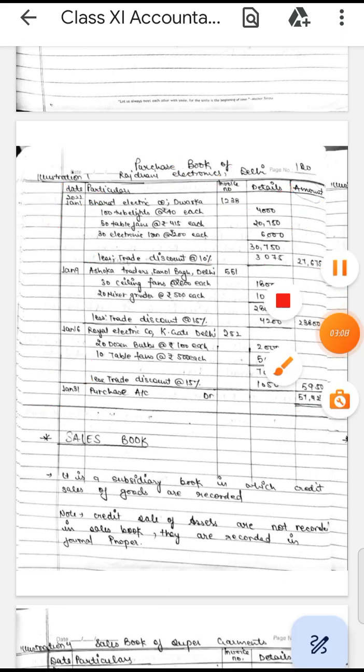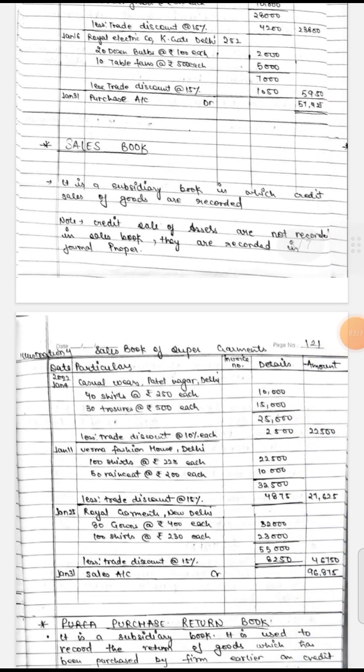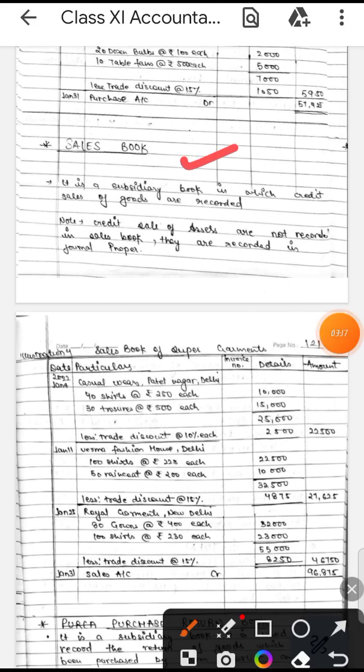Now we are going to understand the perspective of sales book. Sales book means it is a subsidiary book in which sales of goods are recorded on credit basis. Only credit transactions are recorded in subsidiary books. But credit sales of assets are not recorded here, they are recorded in general proper.